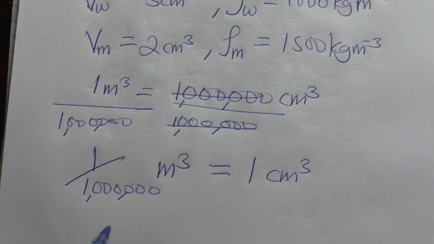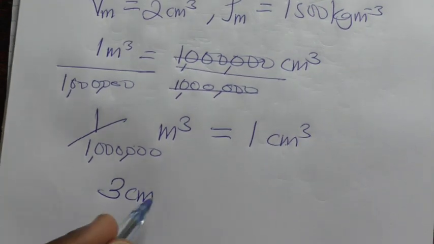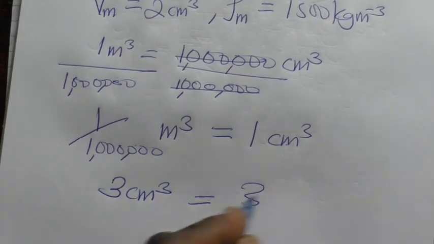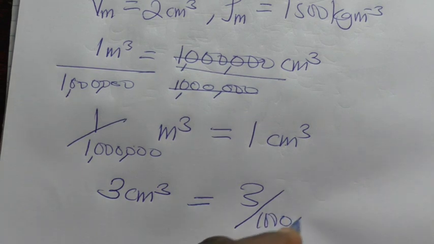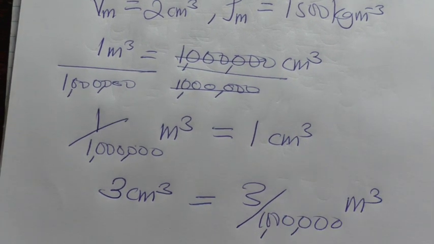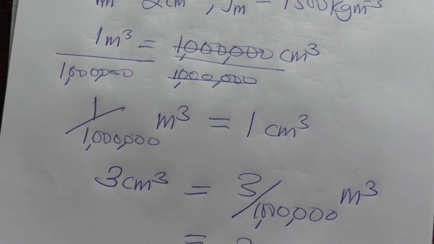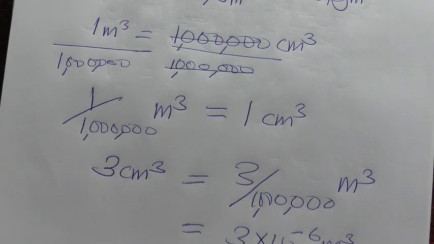Therefore, 3 cubic centimeters equals 3 over 1 million meters cubed, which gives me 3 × 10^-6 meters cubed.